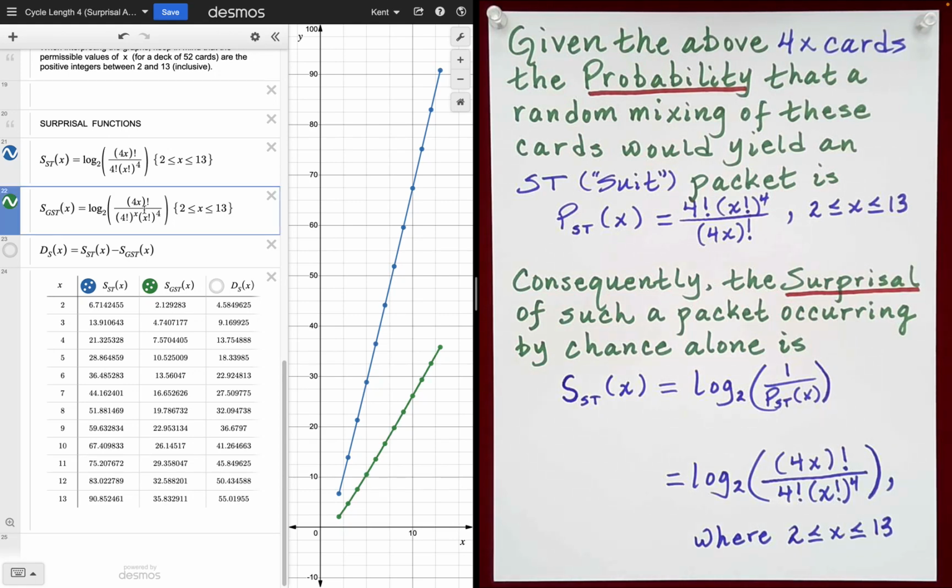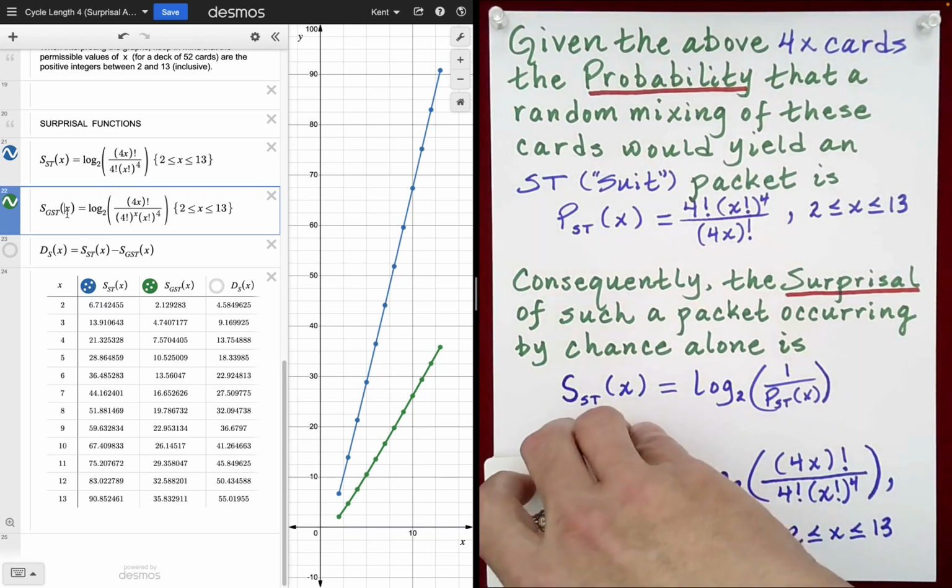And I want to remind you that the expressions at the heart of the probability function for these cyclic structures having cycle length 4, as well as the expression for the Gilbreath shuffled version of that packet, can be derived using the fundamental counting principle, which is also called the multiplication principle. In other words, the tools needed to derive these formulas are not overly sophisticated or esoteric.